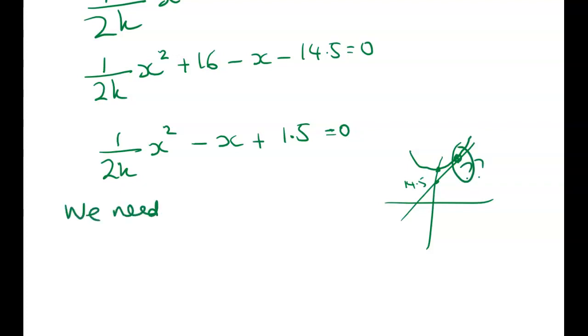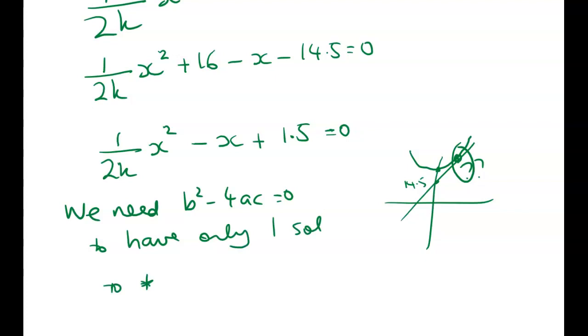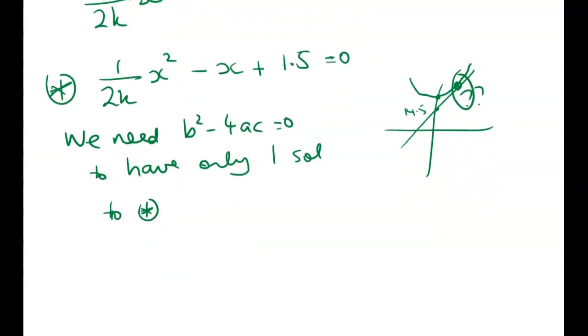We need b squared minus 4ac equals 0 to have only one solution to this equation here, right? Call that equation star. And now we're going to work out our discriminant. I think it's worth going slowly and writing out a is equal to 1 over 2k, b is equal to -1, and c is equal to positive 1.5, right?